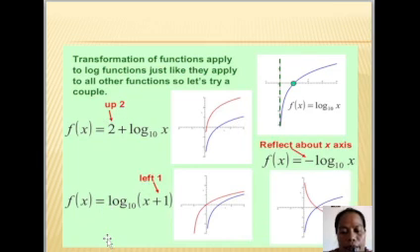And then the second graph is f of x is equal to the logarithm of x plus 1 to the base 10, shifted left 1. And here we have a reflection about the x-axis. First, the graph of f of x is equal to the logarithm of x to the base 10. And here, the negative logarithm of x to the base 10. It reflects about the x-axis.